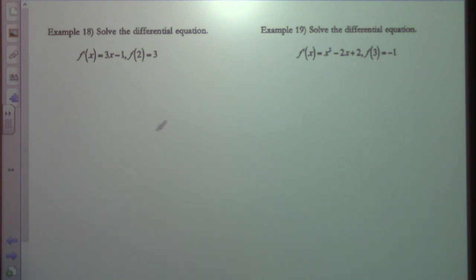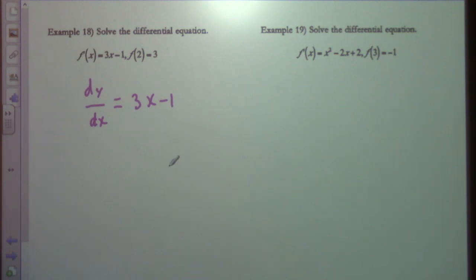The thing I suggest when you have these situations is to rewrite this f prime of x as dy dx. So you change f prime of x to dy dx, which is synonymous with f prime of x, and you set that equal to 3x minus 1.